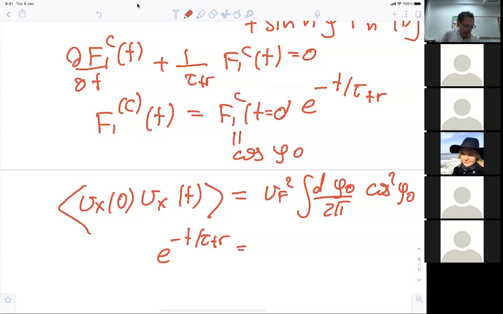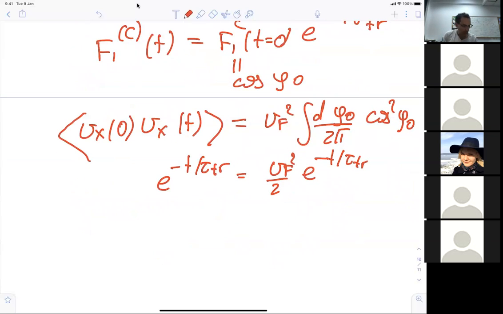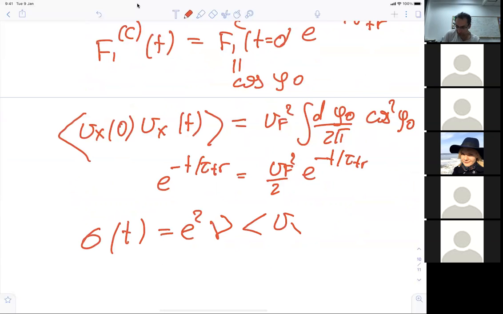And therefore it will be equal to V Fermi squared over 2 times e to the minus t over tau transport. So this is the response of the velocity operator. And electric conductivity would be equal to e squared times density of states times the response function of the velocity operator.